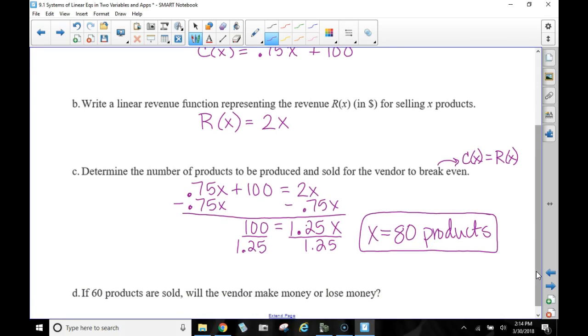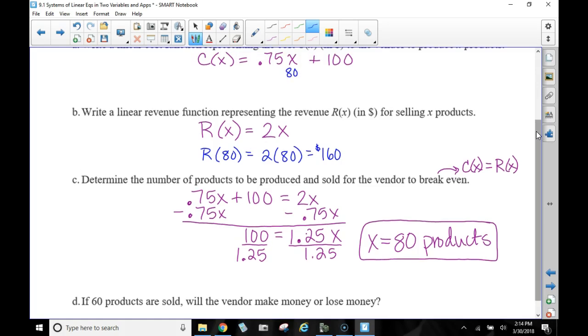And just by the way, his revenue at 80 products is $160, and that's going to be the same thing as the cost of producing 80 products. That's also going to be $160 if you want to check that as well.